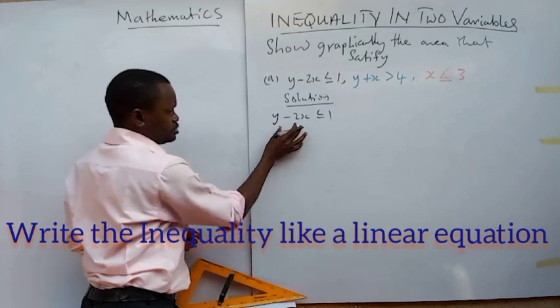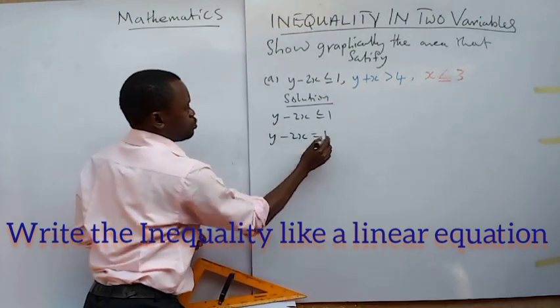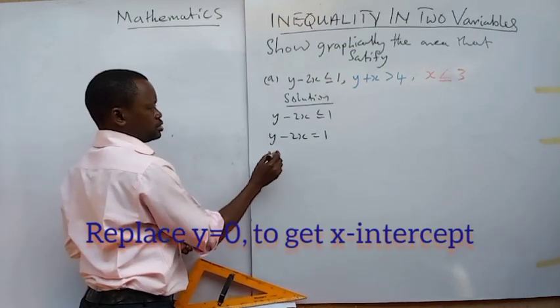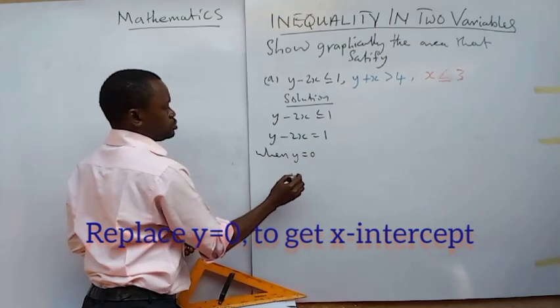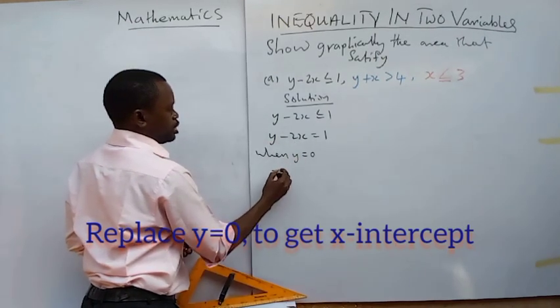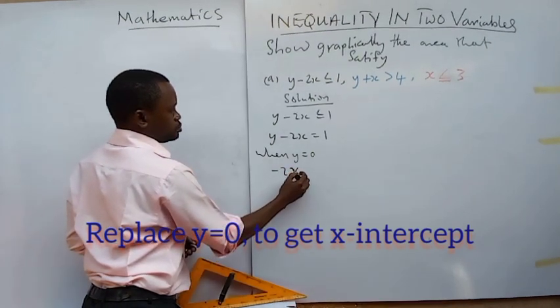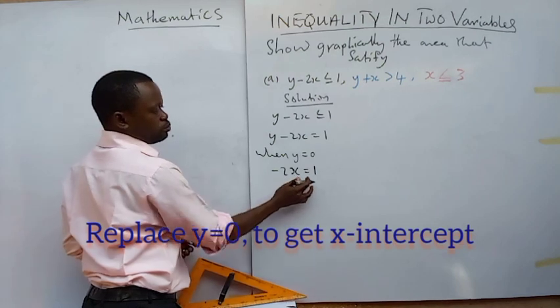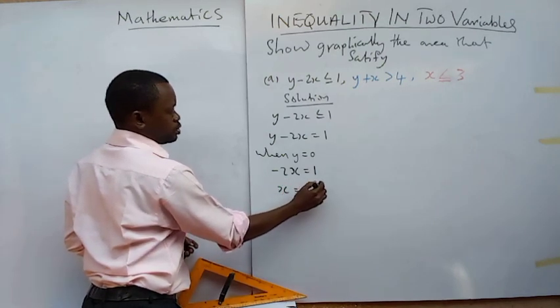So I will rewrite this as y minus 2x equals 1. The next is that I will say when y is equal to 0. So when I put y equals 0 here, this will become 0. I will have minus 2x equals 1. And if you divide both sides by minus 2, you have x equals minus 1 over 2.